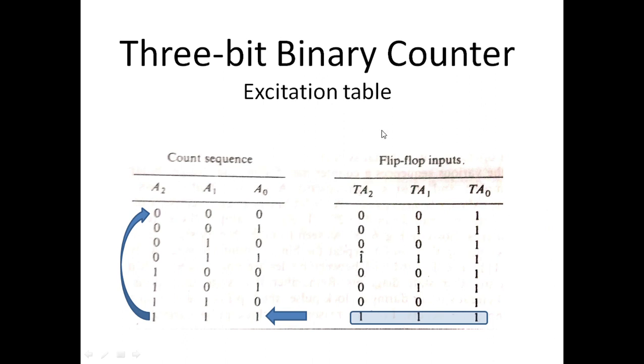We have to create simplified Boolean equations for the inputs of the flip-flops so that we will get the desired input at the 3 T flip-flops to get the desired count sequence. This is the desired count sequence. So you have to create Boolean equations for the T inputs of these 3 flip-flops.